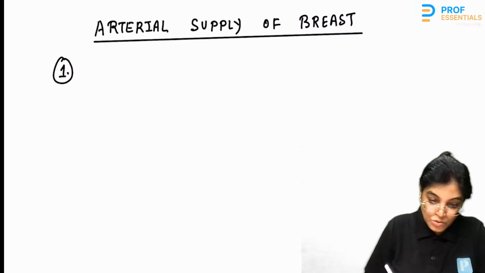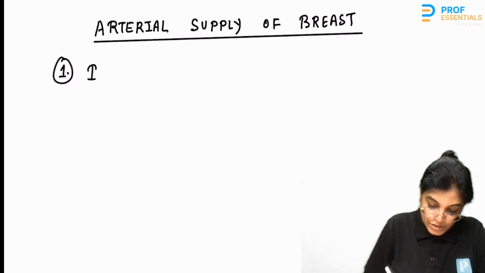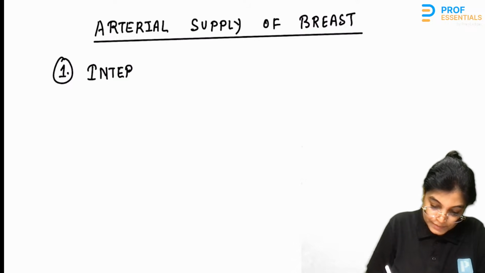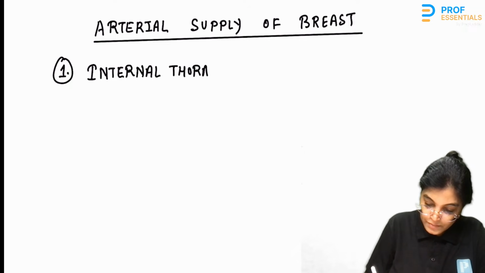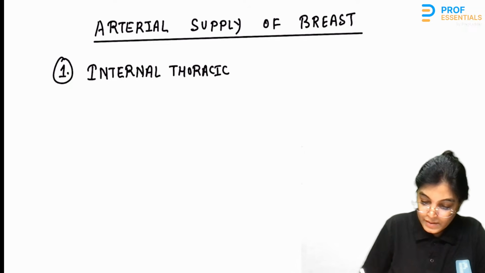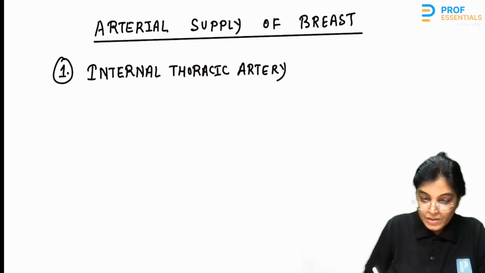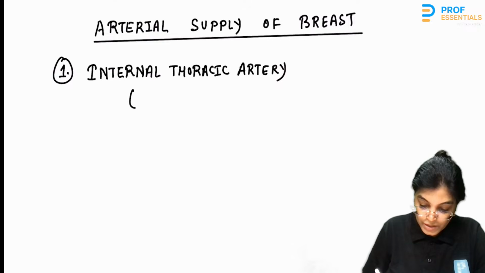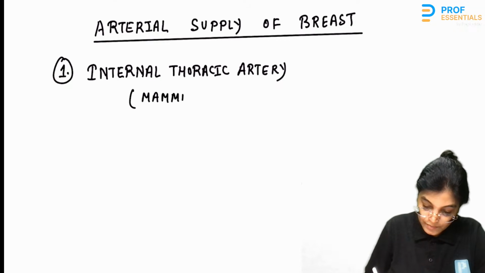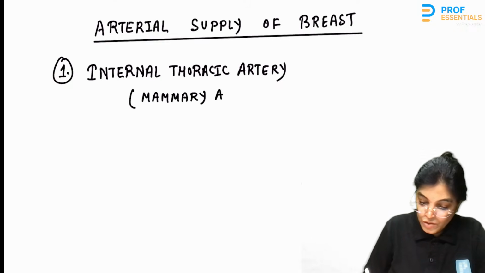So the first source will be the internal thoracic artery. Now, what is the other name of internal thoracic artery? It is also called as mammary artery. A major source of arterial supply comes from this artery.